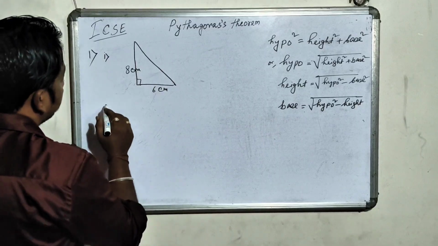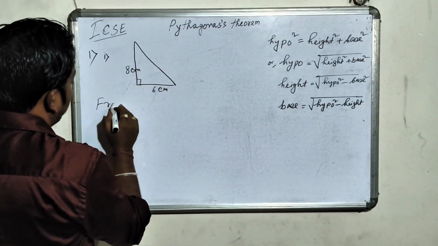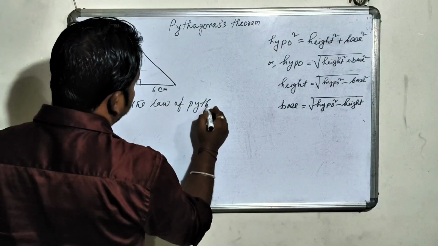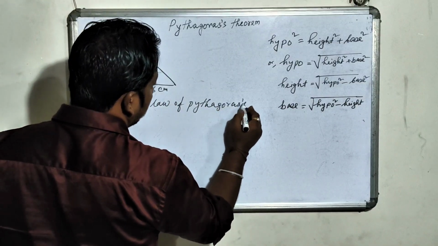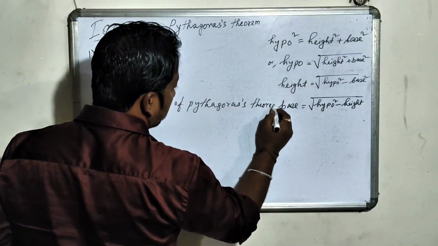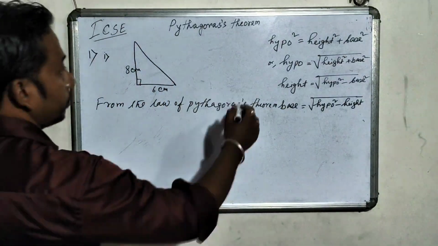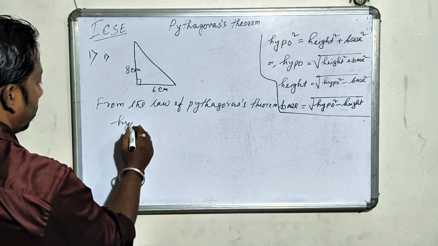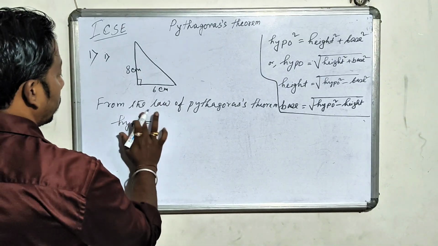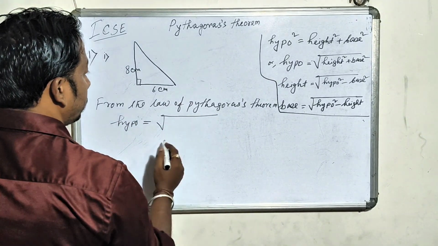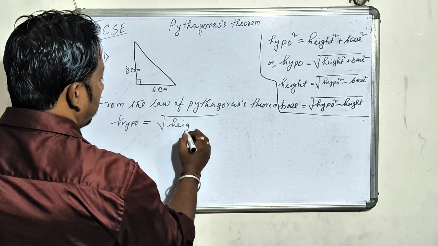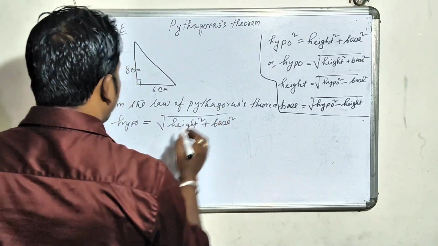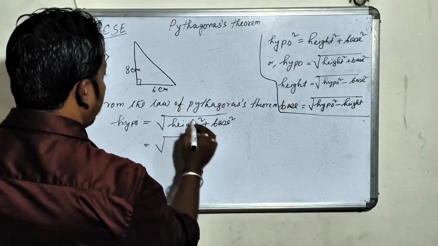Now from the law of Pythagoras theorem, hypo equals root over of height square plus base square, that equals root over of, height is 8 centimeter.